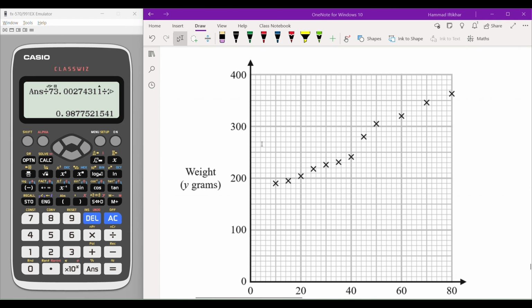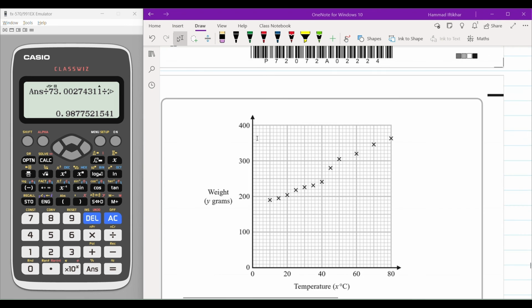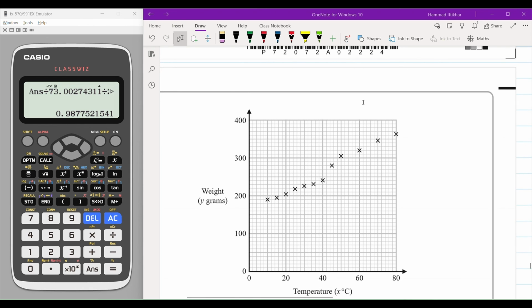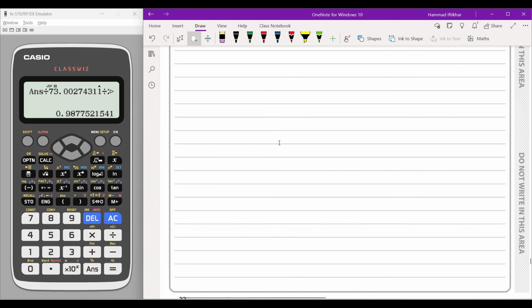Our linear model starts from 151.2. Let's adjust it so that it looks like a best fit line. So yes, the points are close to the regression line, and the PMCC is also close to 1. So that's why it is suitable.